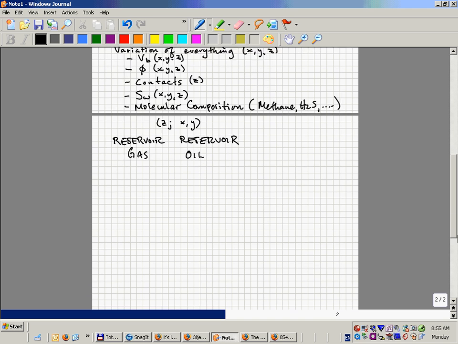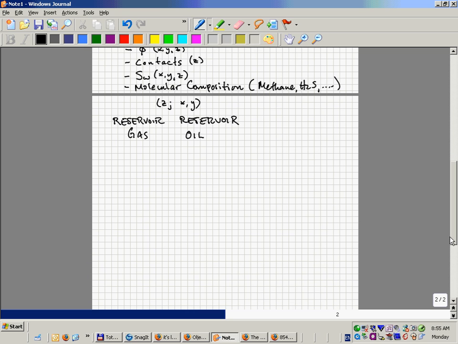But in the same sentence, two petroleum engineers talking to each other can talk about this oil and that oil, and they're talking about two totally different things in the same sentence.